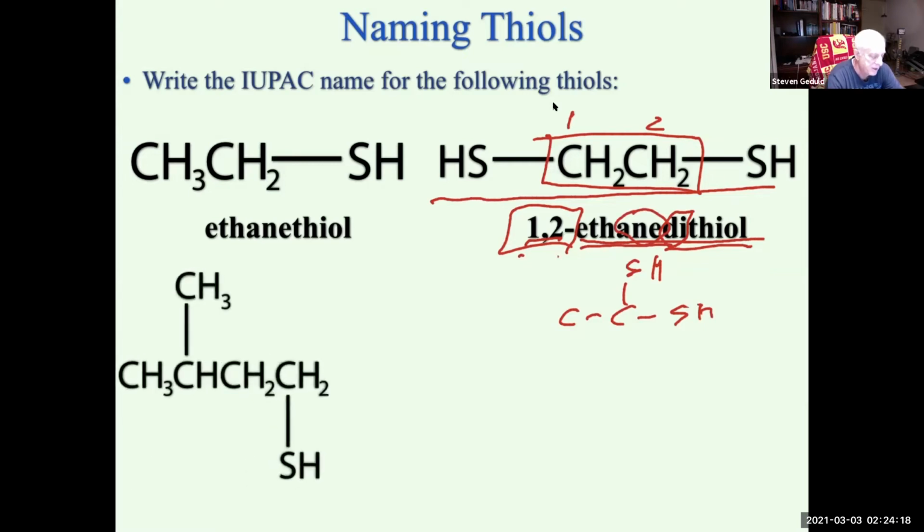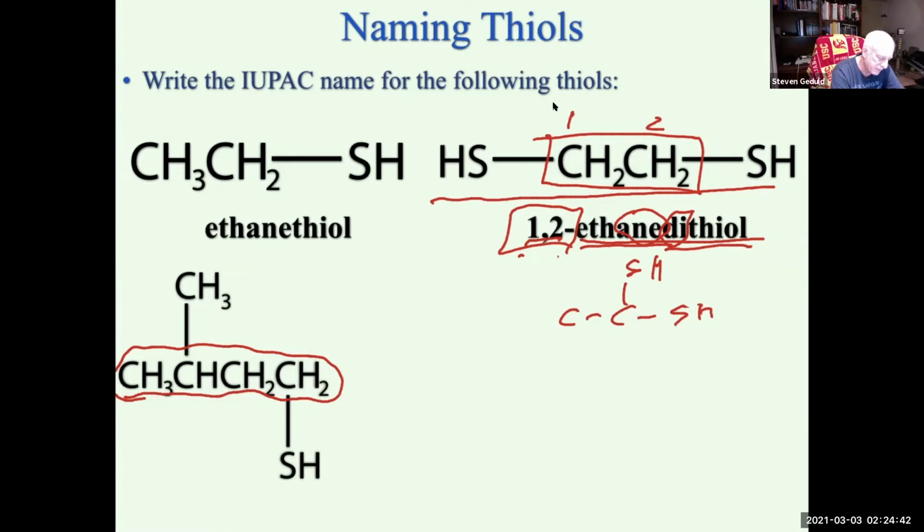Okay, there's a fun one. Let's do the longest carbon chain, which happens to be this chain right here. Are we going to number that chain from left to right or right to left? Right to left. Perfect. Because our functional group, the thiol group in this case, always gets the lowest possible number.